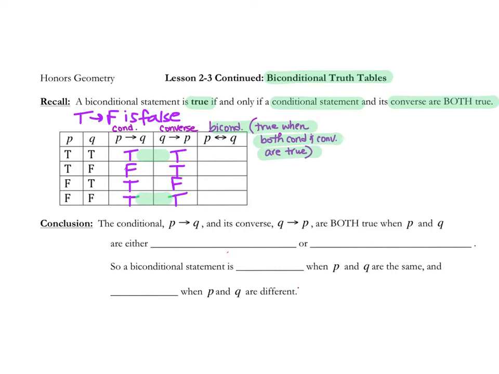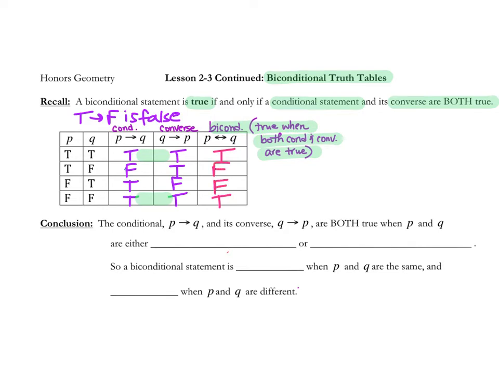So the rule for biconditional is when P and Q are the same, when they're both true, it's true, and then when they're different, it's false.